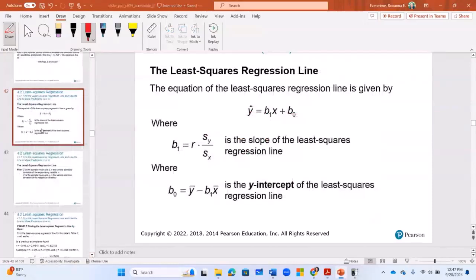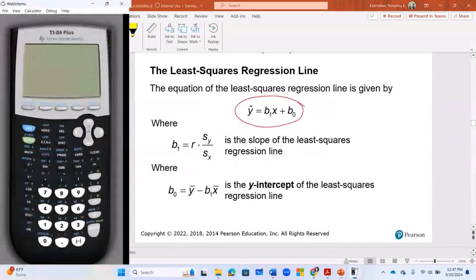And by the way, the equation we calculated, let me get a calculator. The equation we calculated is called the least square regression line. If I'm told to write the equation of the least square regression line that we drew right now, I have y.